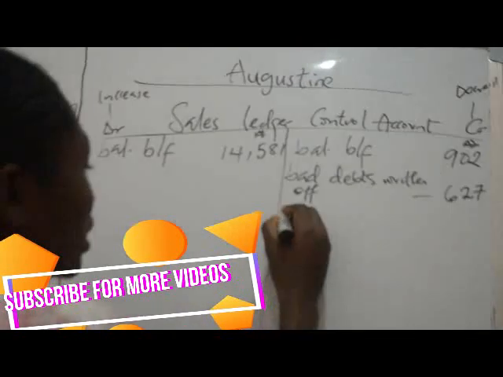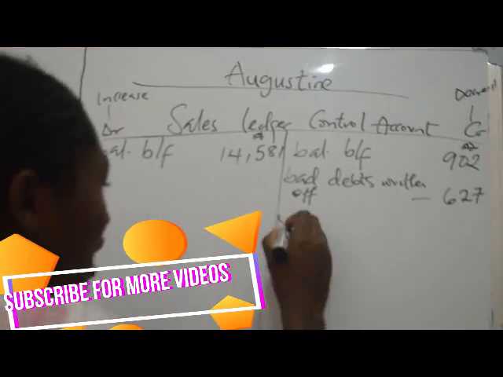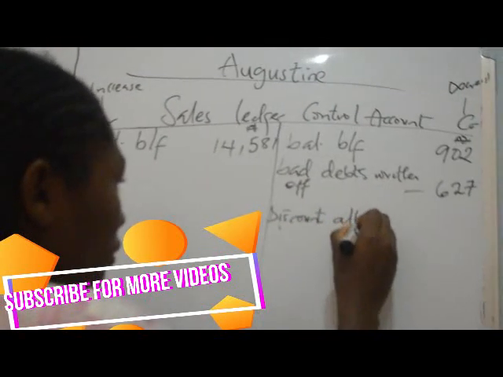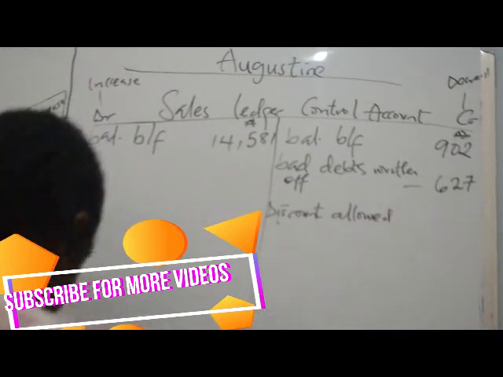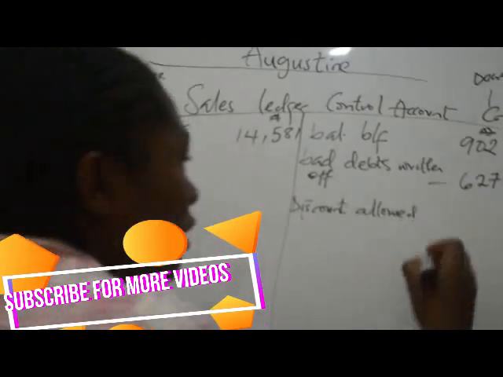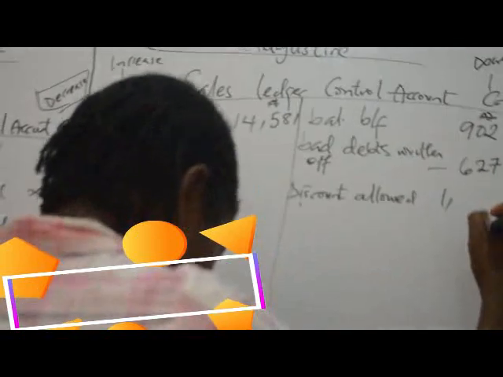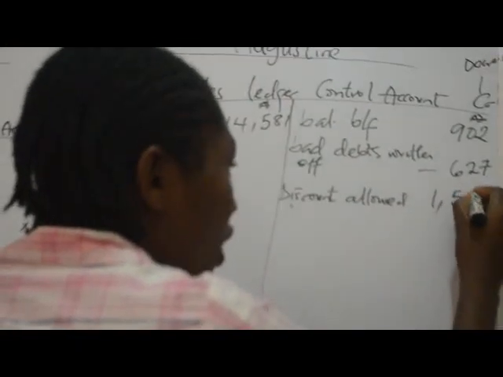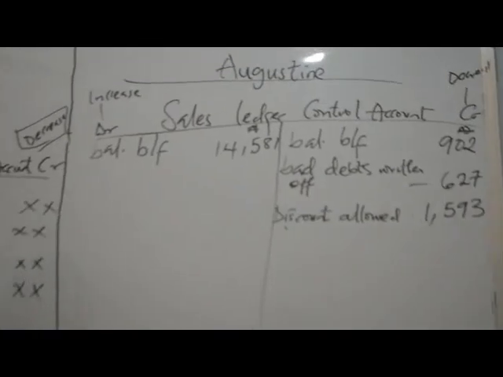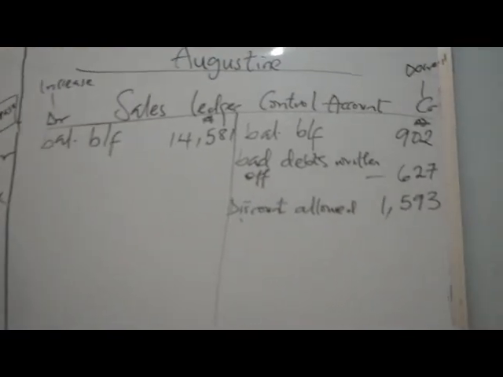So we'll also be entering that on our credit side. We have discounts allowed. And our discount allowed is 1,593 naira. Okay? These are discounts allowed.